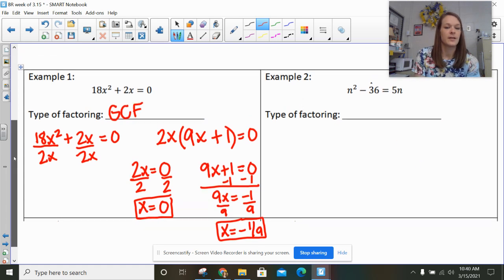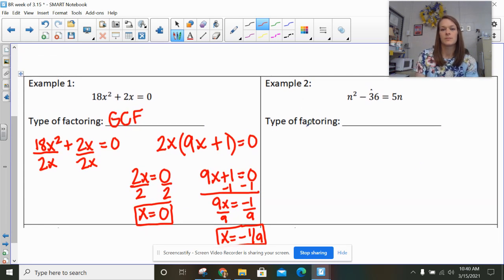Okay, so let's take a look at example 2. So first step, remember, is to make it equal to 0. It is not equal to 0. So I need to take this 5n and move it to the other side. In order to do that, I have to subtract. So I'm going to subtract the 5n, and I'm just going to put it right here.